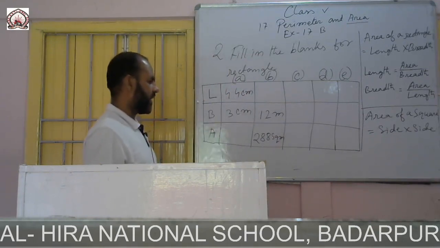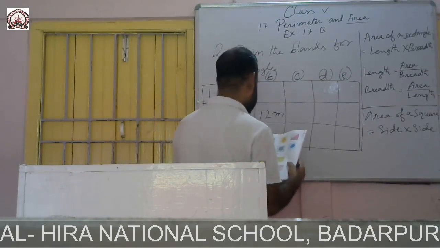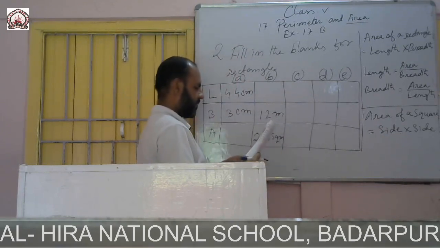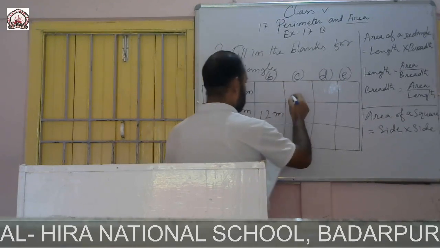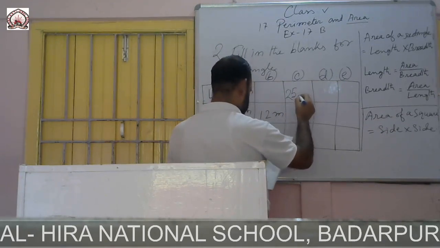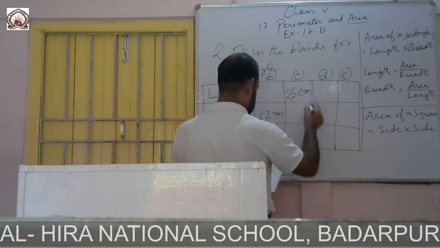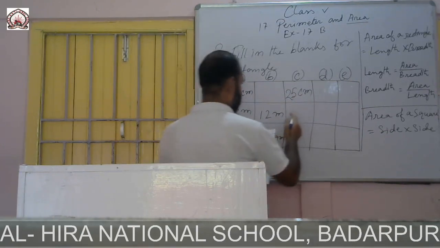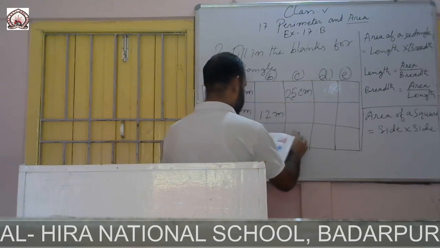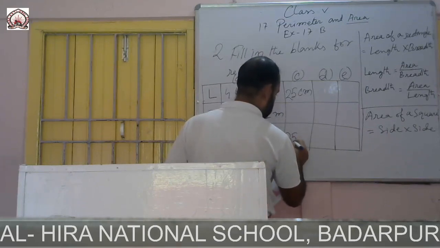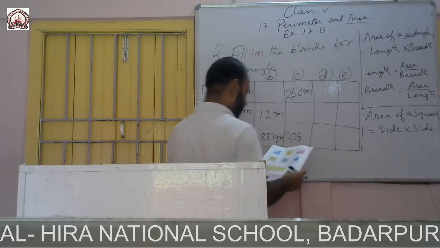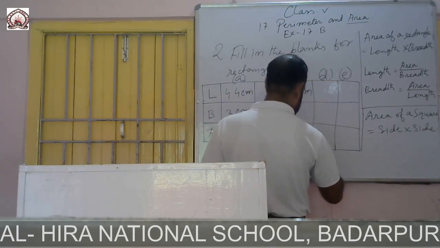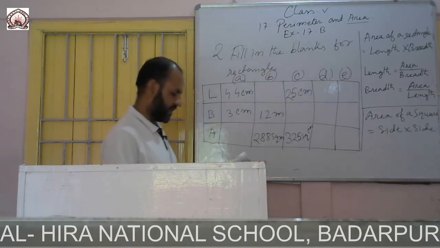Question number C: length equals 25 centimeter, we take out breadth, area given is 325 square centimeter.